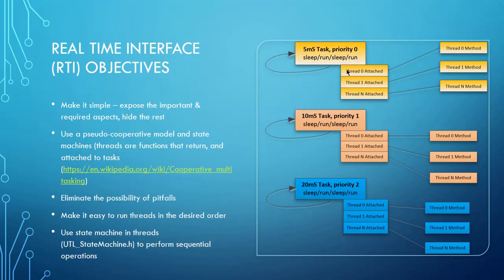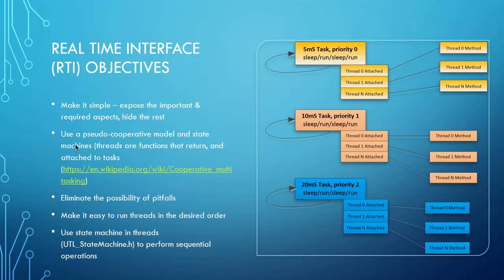And this is how we're set up with the RTI. That makes things simpler. It really hides the complexities of an RTOS and makes it much easier to use. So we're using the important aspect, and that's the scheduler. But many of the aspects that have those pitfalls are hidden away.